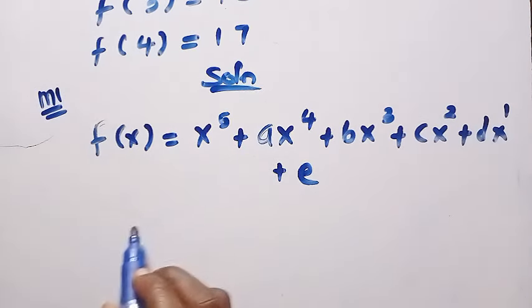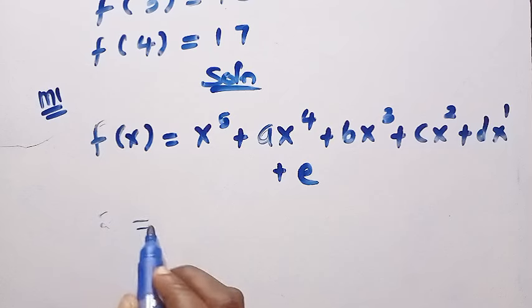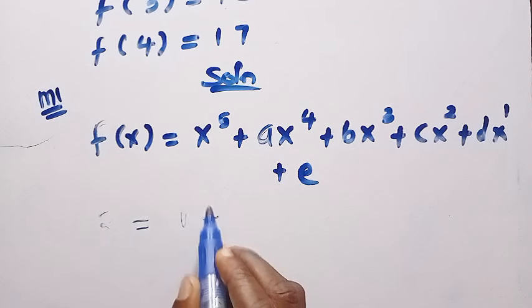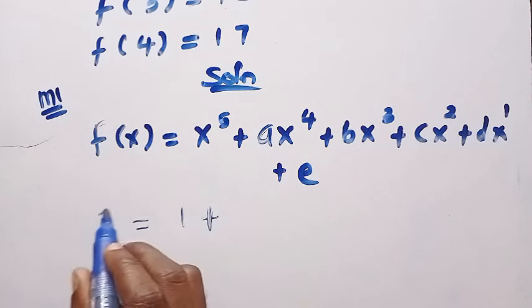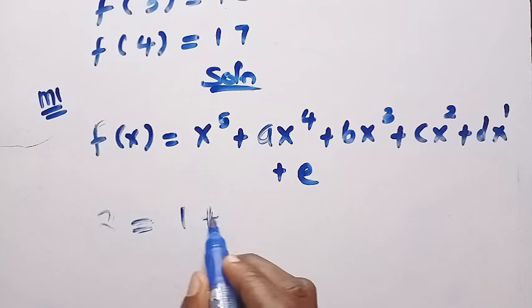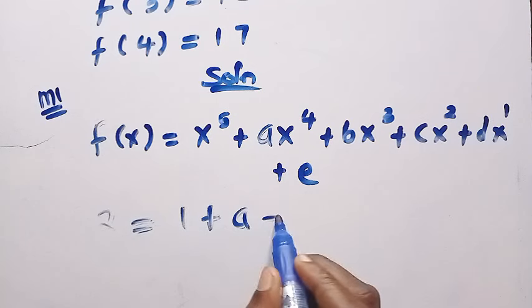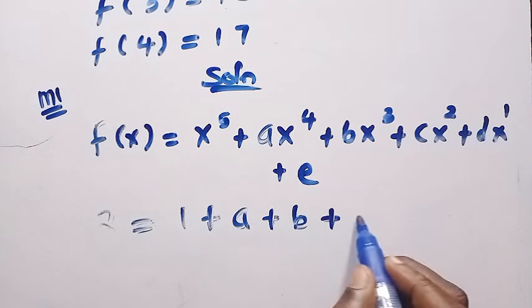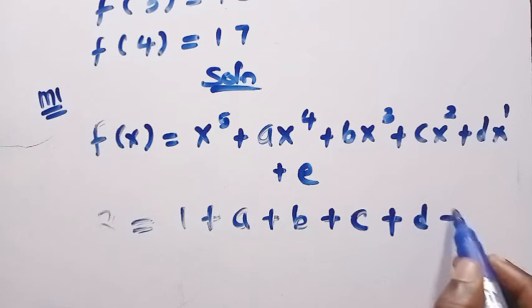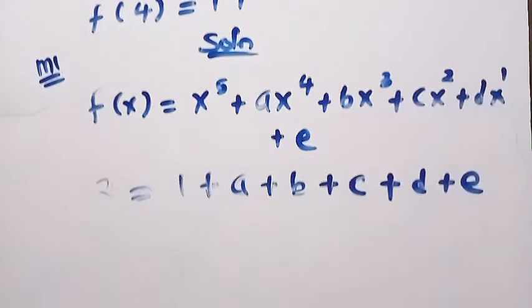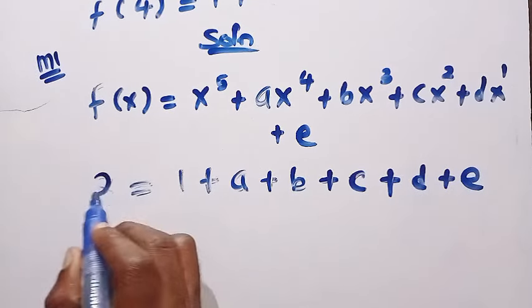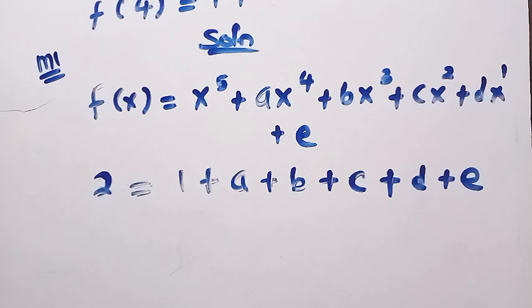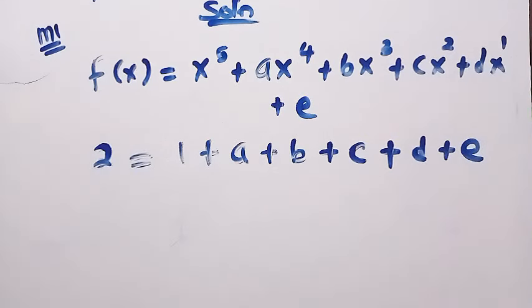When we do that, we have 2 equals 1 plus a plus b plus c plus d plus e. This is what we have for the first equation. And if we check the second equation as well, we have something of this nature. We later solve this by a system of linear equations.